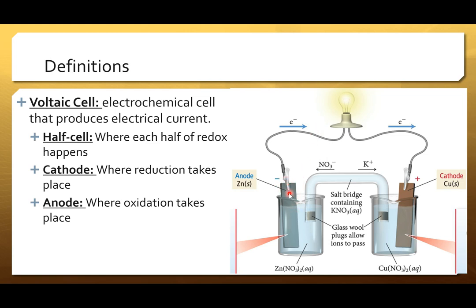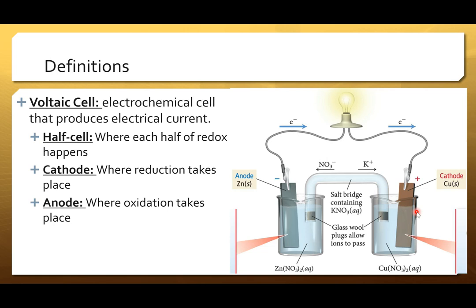Okay? So anode is where our oxidation takes place, losing electrons. Cathode is going to be our reduction. So gain electrons, reduced. So our cathode is going to be where the electrons congregate, where they come together.